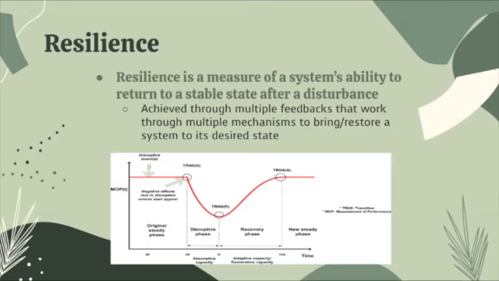Often these are going to be balancing feedbacks that work through multiple mechanisms to restore a system to its desired state. And we can see here in this little graphic on the slide what that might look like. So a system will start at equilibrium, experience a disturbance, and then go through a recovery phase to the new steady state, which should be the same as the old steady state.